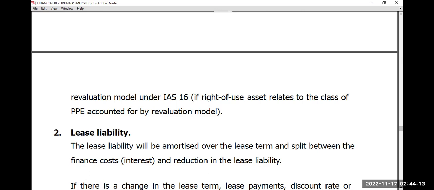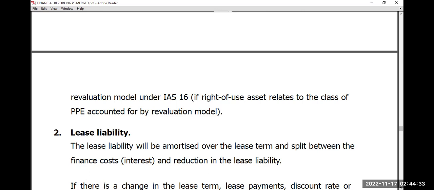Secondly, if the person is going to buy the asset at the end of the lease term, we take the useful life to determine the depreciation. So that's how we account for the right of use asset.